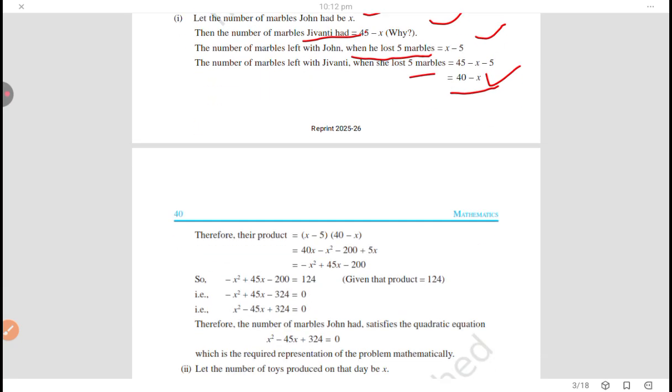Therefore, their product is x minus 5 multiplied by 40 minus x. Then you multiply both terms, and finally you get the quadratic equation x square plus 45x minus 200.